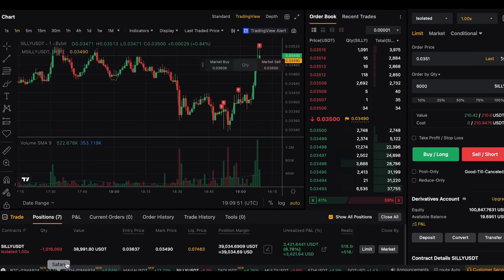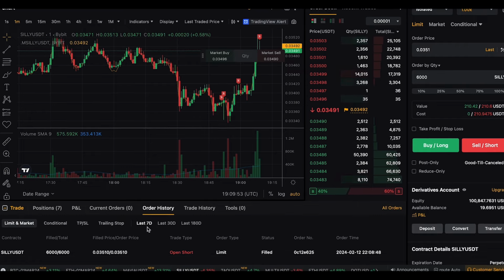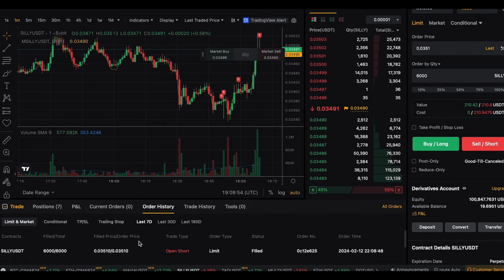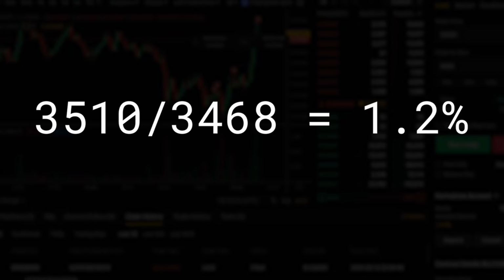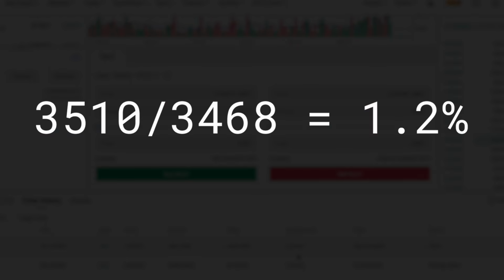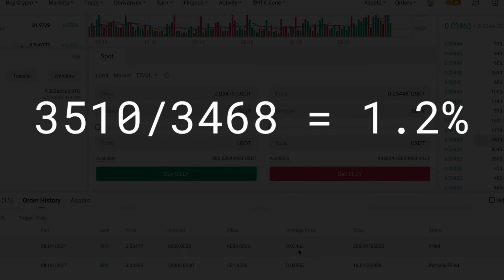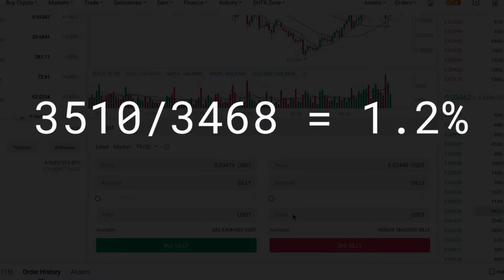Let's check the order history. For instance, I had 3,510, then 1,510, and divided by 3.468, which gives about 2,468. I took more than 1.2% profit on the market. Here's what I just closed.